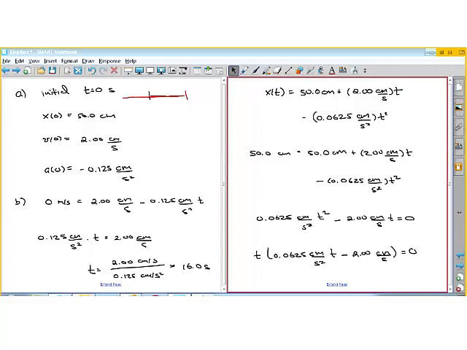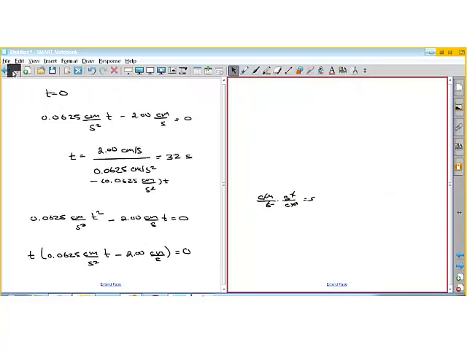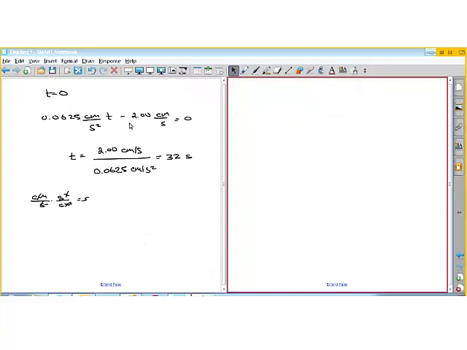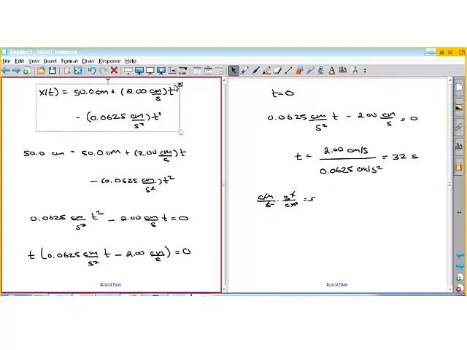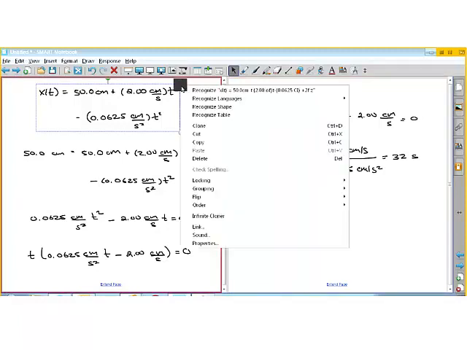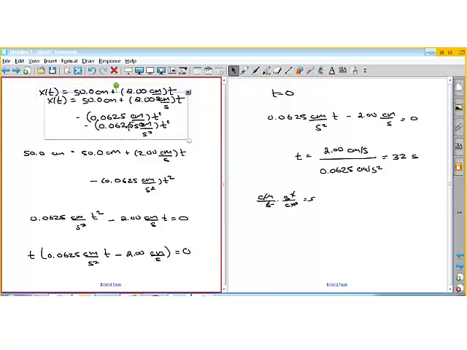Found the time it took to stop somewhere here. Yeah, but we never calculated the distance. So you take this time and you plug it back into the displacement equation and find out the distance after a certain amount of time. So let me copy this equation again.